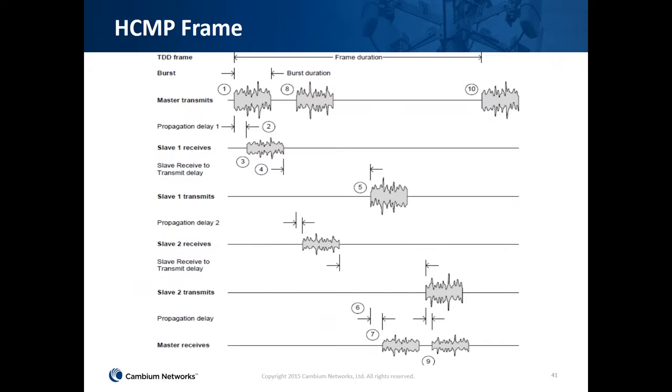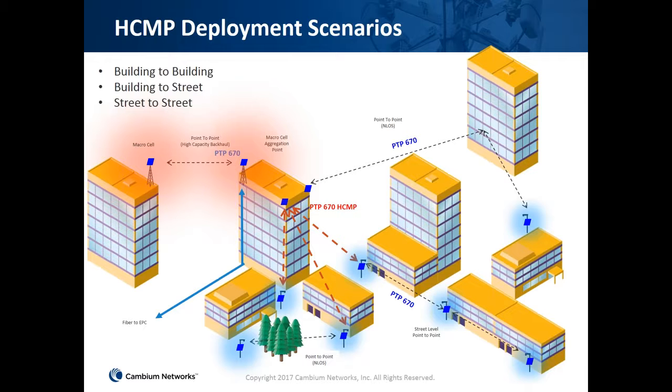Okay, we did have one other question. If you want to go back to that scenario slide. Thank you. This is an interesting one. This customer is asking, can you use a PTP 450 with a PTP 670 to do an HCMP scenario? That's a good question. Unfortunately, you cannot, because of the architecture and the software of the 670, you cannot use a 450 as an endpoint to connect to a 670.